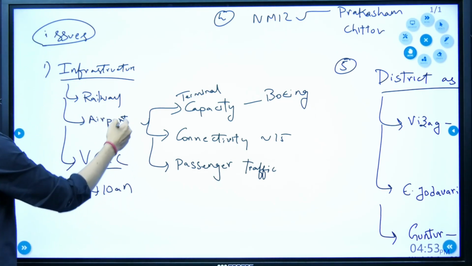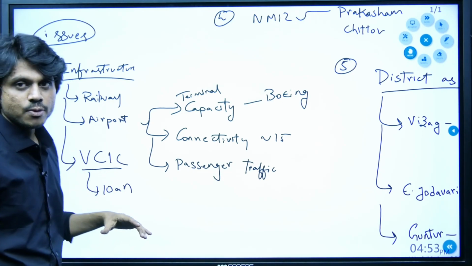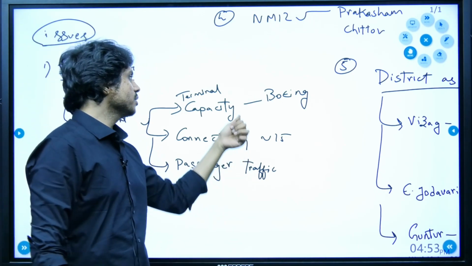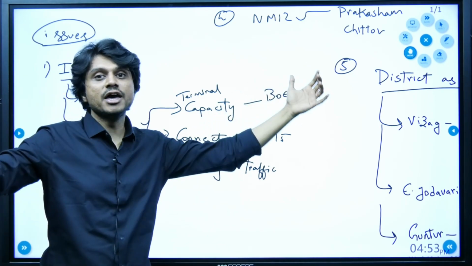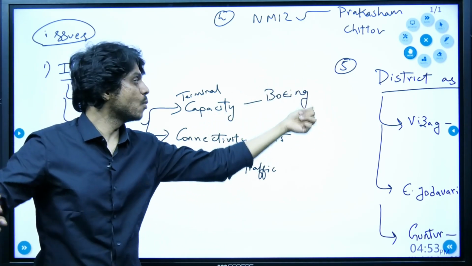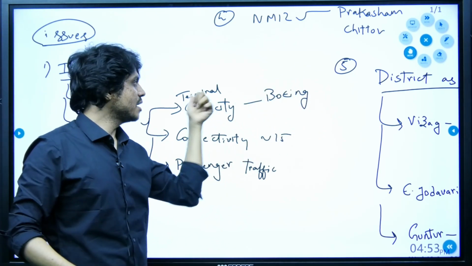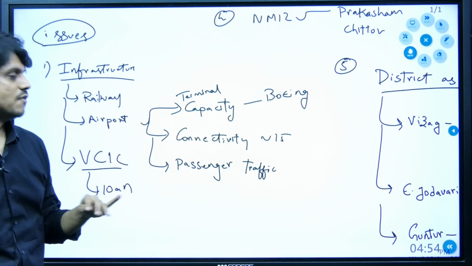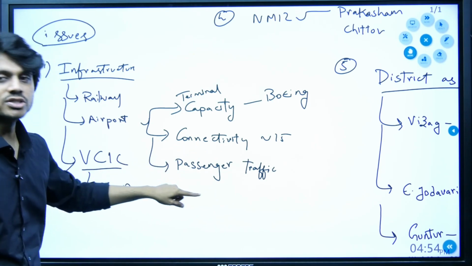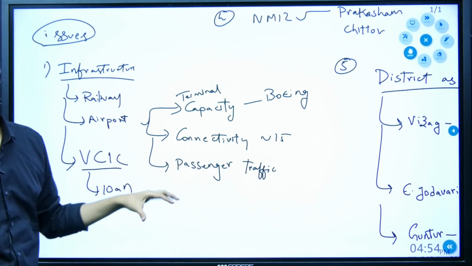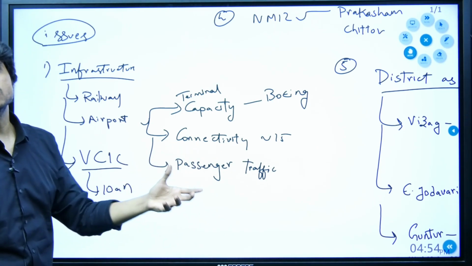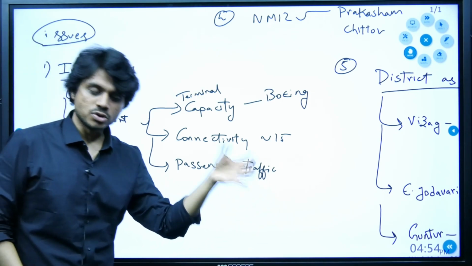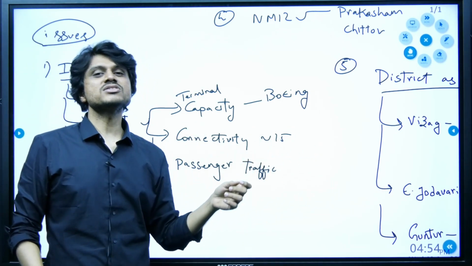We have developed 6 operational airports, but their capacity is very small. Huge aircraft, like Boeing aircraft, cannot come and land in the Andhra Pradesh airports. The terminal capacity is very low and the passenger traffic is also very low. Because of this, the Airport Authority of India, which manages many no-frills, low-cost airports, is going to face losses.